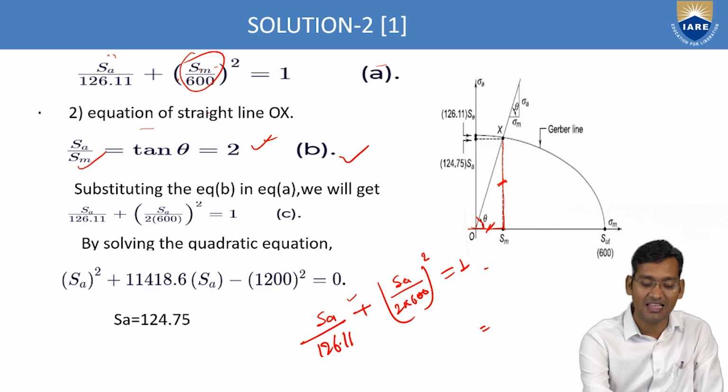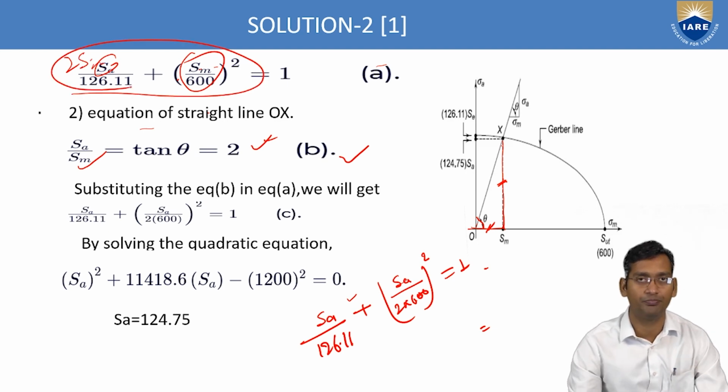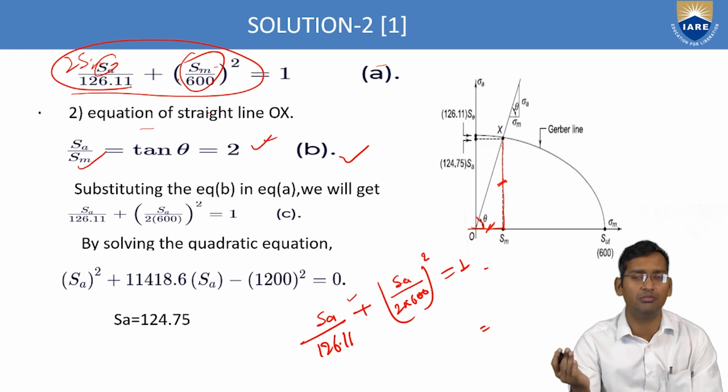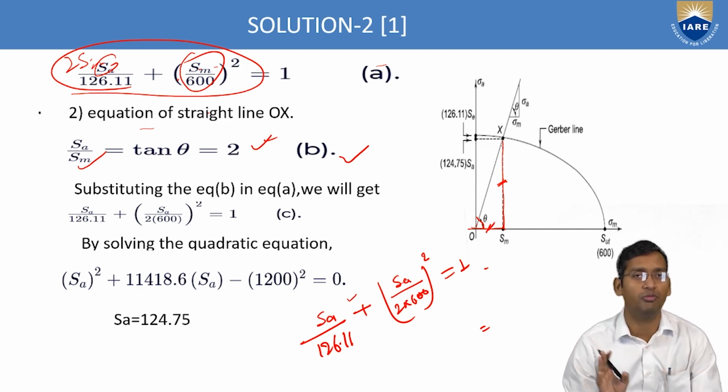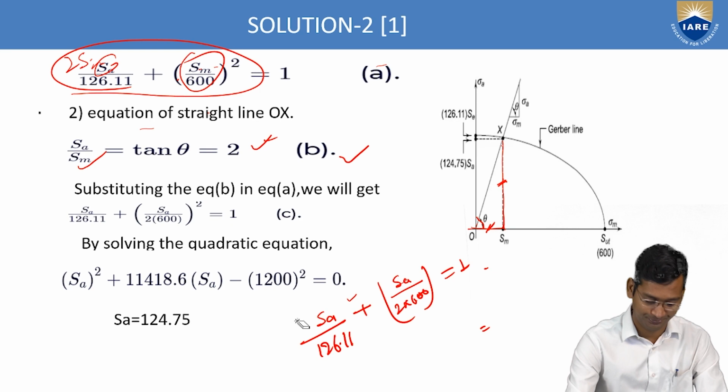You can replace SA also, because SA is equals to 2sm. So you can put here as 2sm and then you can solve for sm. Okay, once you will have the sm, for finding SA, 2 into sm will give you the SA. So either way you can do that. It's not necessary that you have to replace sm only.